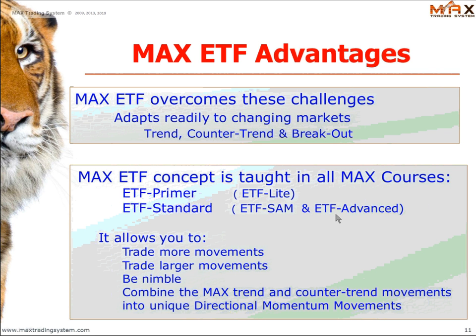We have 3 other, more advanced levels, like the ETF Sum and the ETF Advanced, but I will not talk about them here today. But with the ETF concept and its companion indicator, in fact, with the MAX, we are able to trade many more movements. So we have many, many opportunities every day if we simply follow 2 or 3 or 4 pairs.